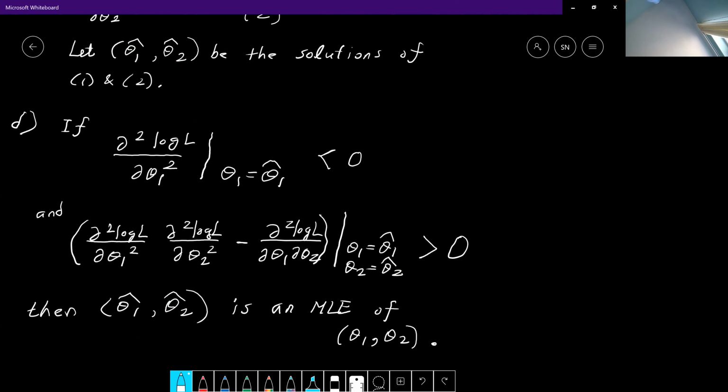So do you see that it's more complicated than in the one parameter case?